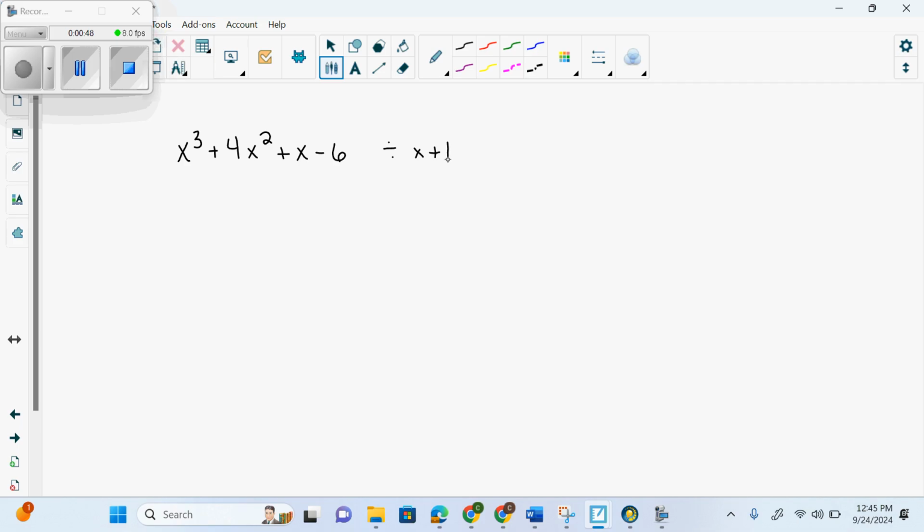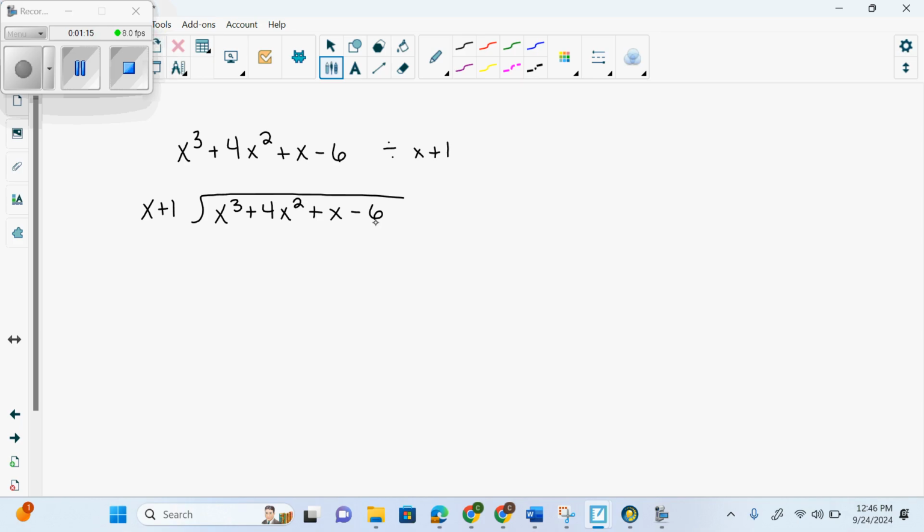So I have x plus 1, and it's x cubed plus 4x squared plus x minus 6. We're going to divide that into that. I'm just showing you this one long division question. You can do it on the very back if you want. There's a blank piece of paper because we're going to do remainder theorem for this question in that spot. So if you want to show a long division, you can on the back.